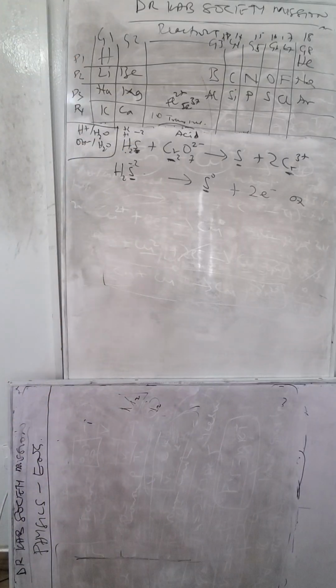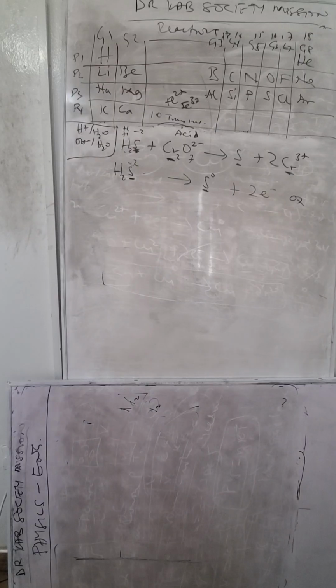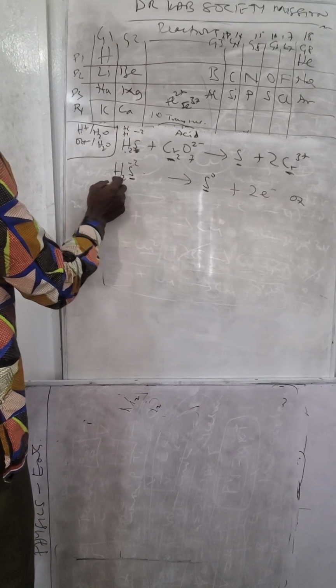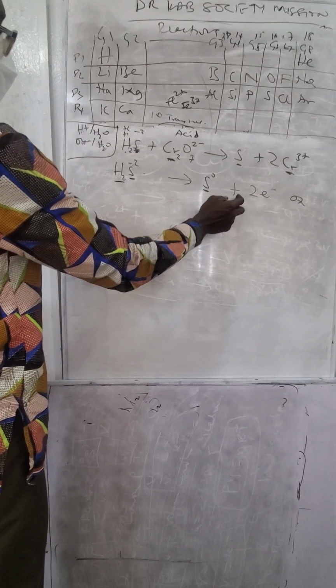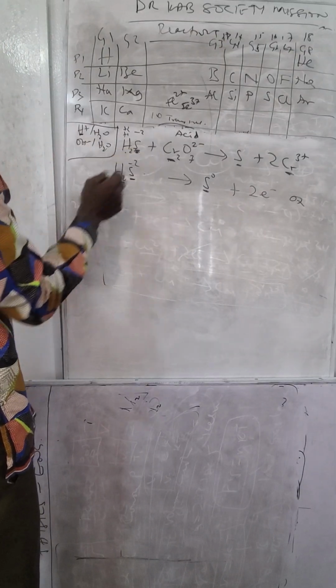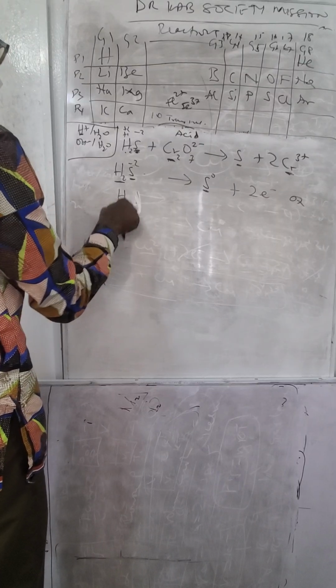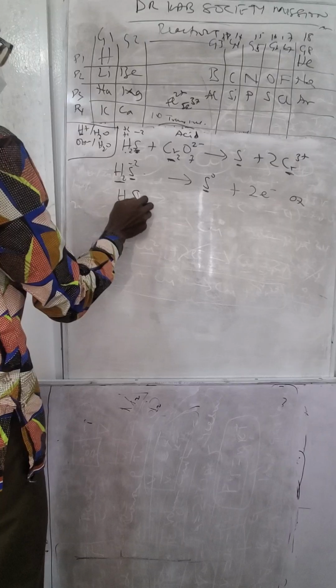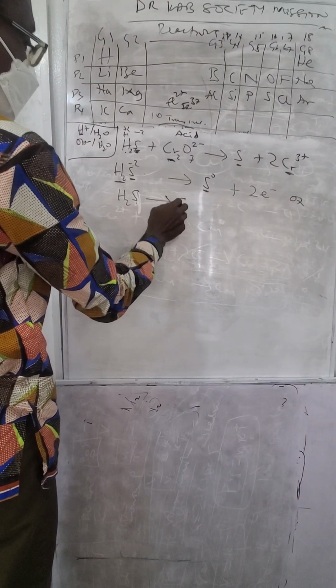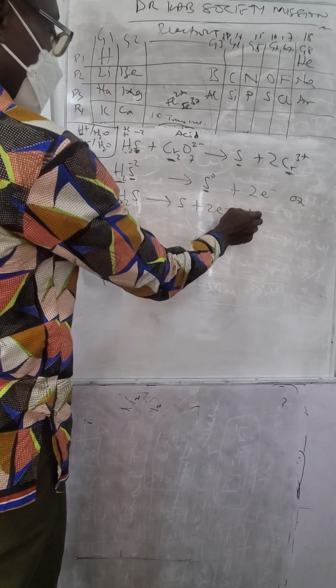Here we have H2, but we don't have hydrogen here. So you must add H plus to where there's no hydrogen. So this becomes S plus 2e plus H.